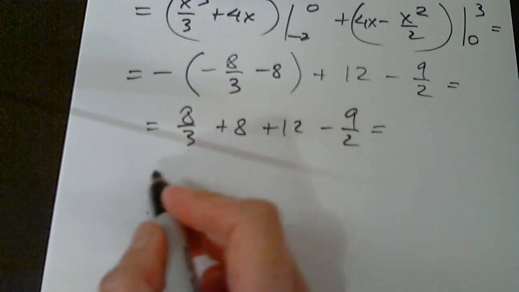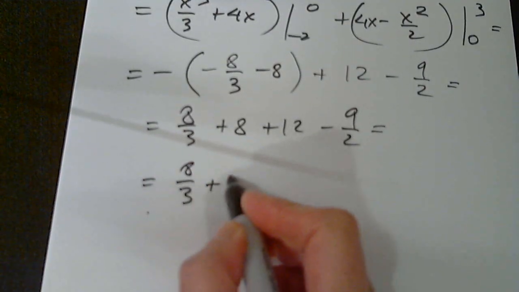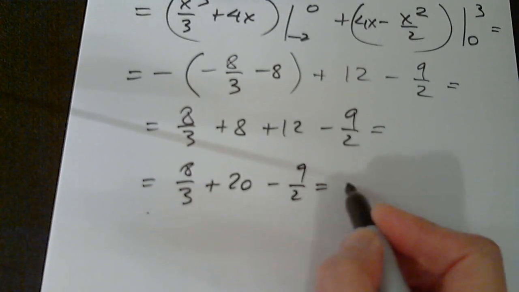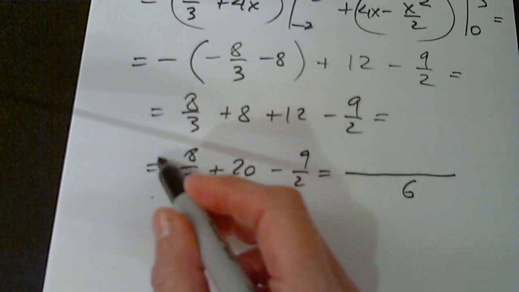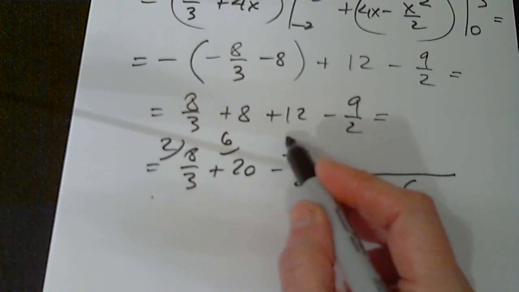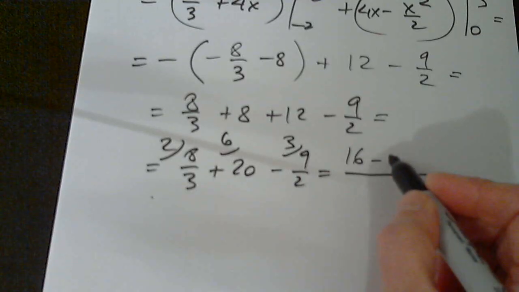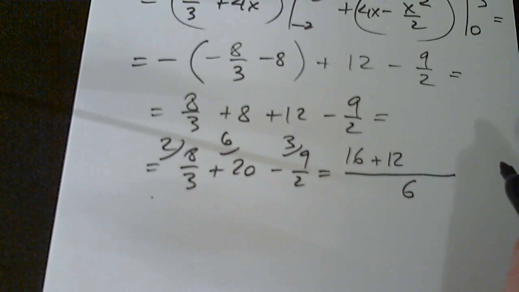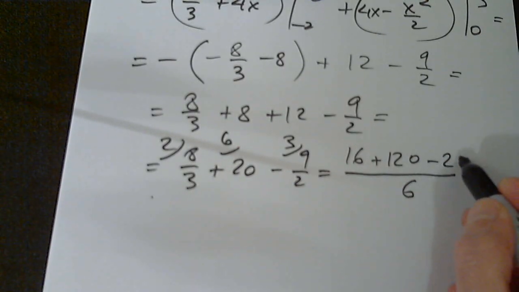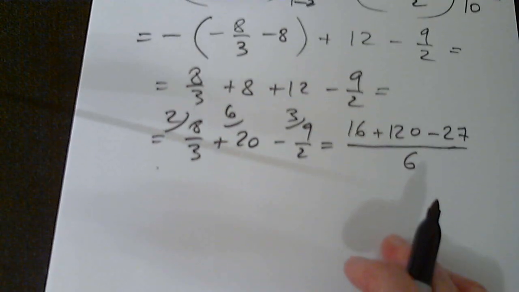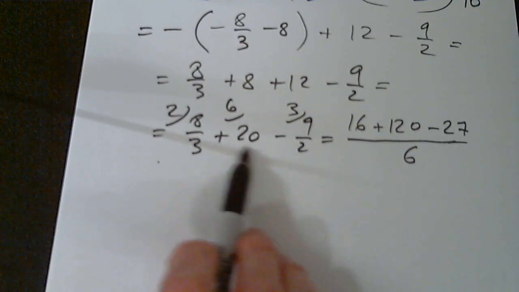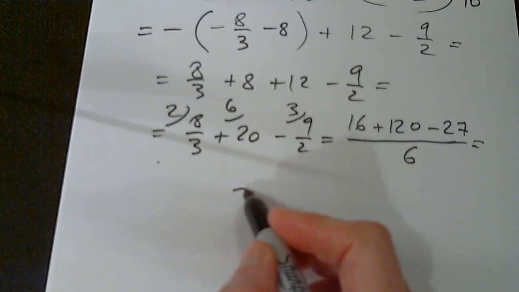Okay. So 8/3 plus 20 minus 9/2. So the common denominator is 6: 16 plus 120 minus 27. Okay.